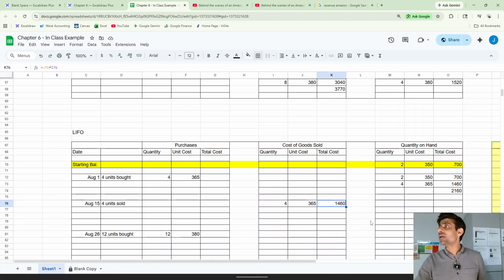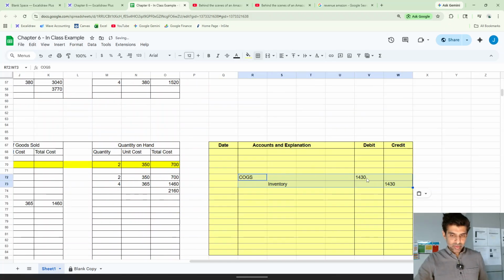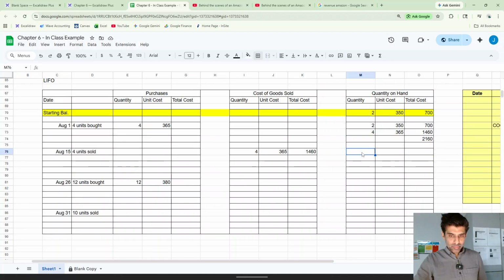We're still selling 4 units. We're just now using LIFO instead of FIFO. So then we would have cost of goods sold, but instead of 1430, it'd be 1460. Okay, and then we bought 12 more.